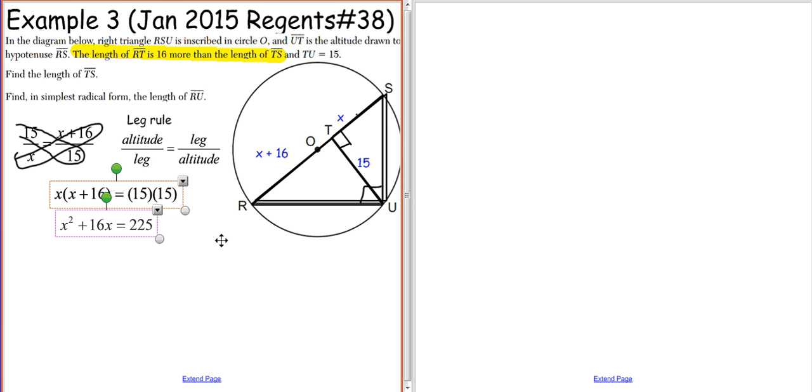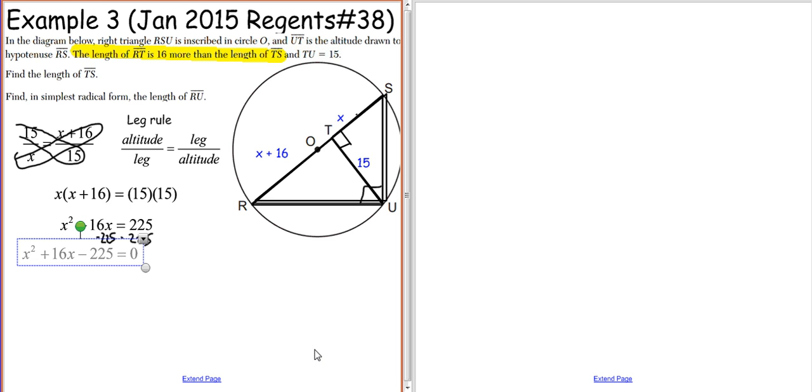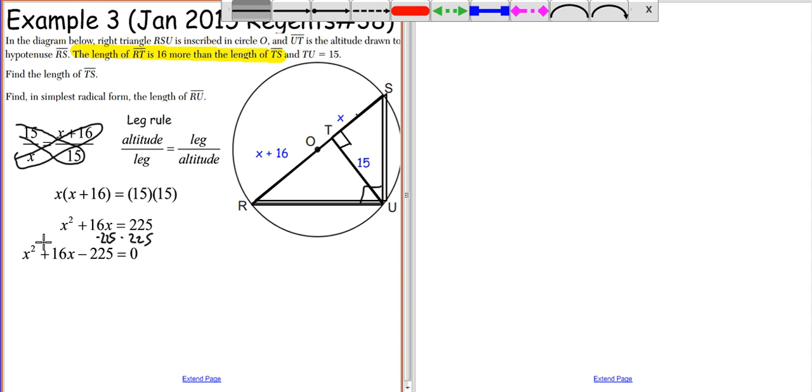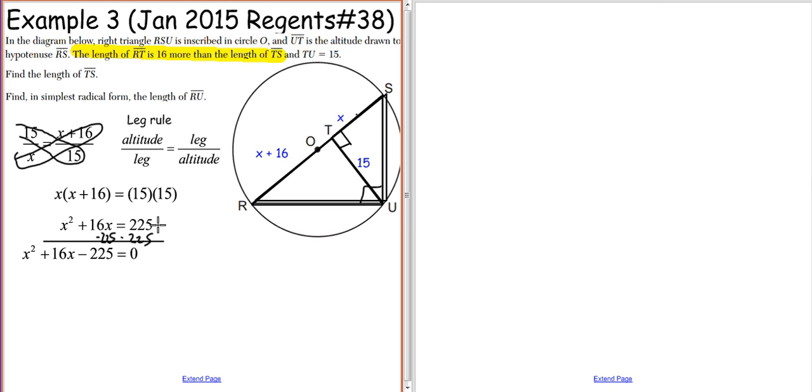Now, since this is a quadratic equation, we have to set it equal to 0. We have to move the 225 to the other side. And from that, we get X squared plus 16X minus 225 equals 0.